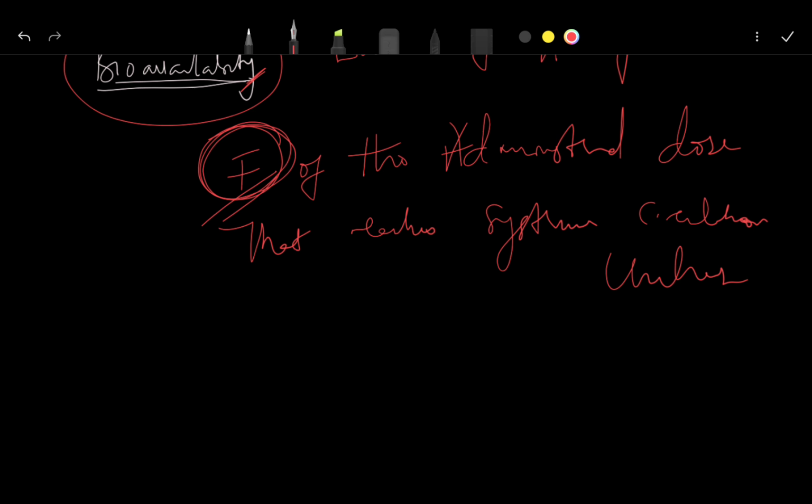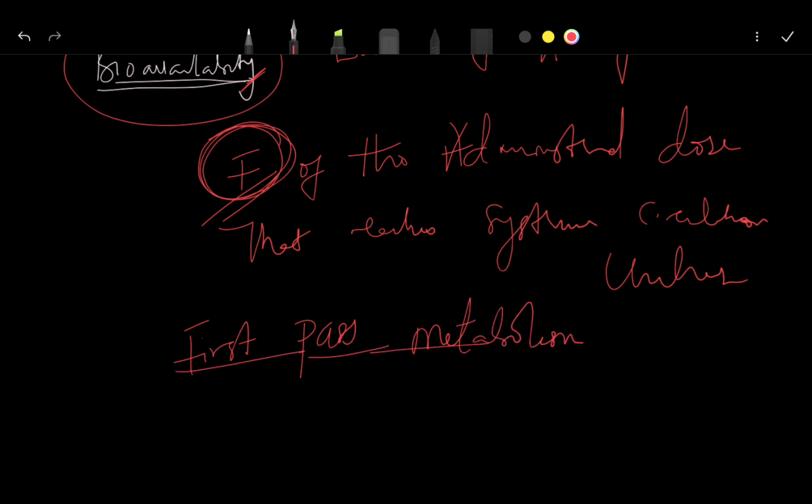You know, if you give a drug through the oral route, the drug will undergo what we call first pass metabolism. The drug will undergo first pass metabolism in the liver, where it will first be metabolized by liver enzymes, and by so doing, a certain amount will be lost from the drug. So a certain amount will be destroyed from that drug.